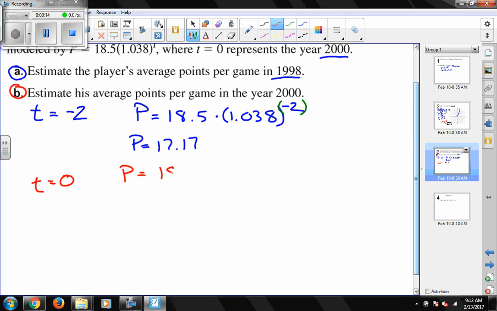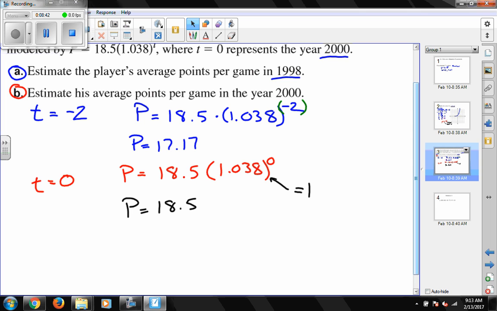P is equal to 18.5 times 1.038 to the 0, which is still going to equal 1 because it's raised to the 0 power. We're just left with P is equal to 18.5. So these are just estimates, given that we have this function. So this is what we would estimate to have happen in the 2 years that we were asked to solve for.